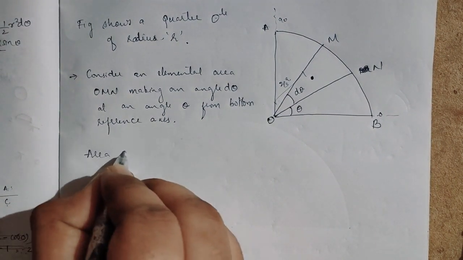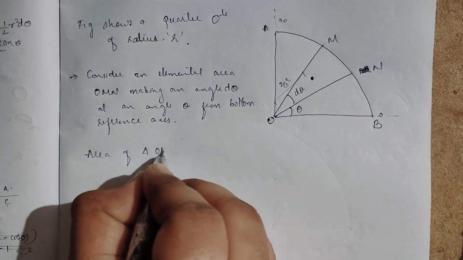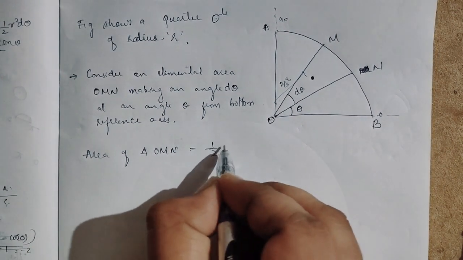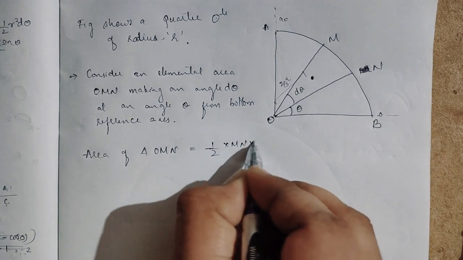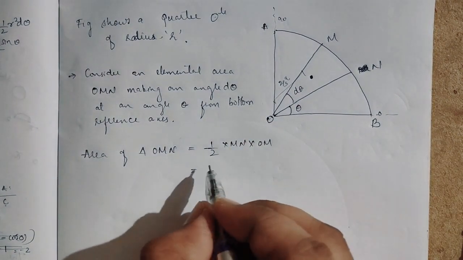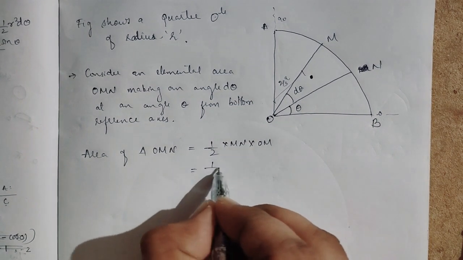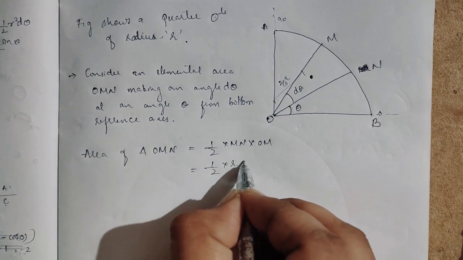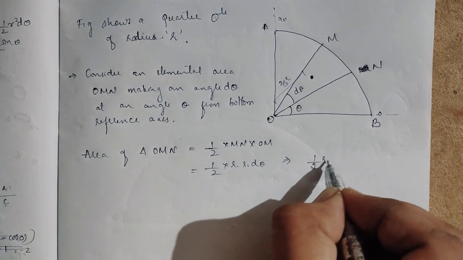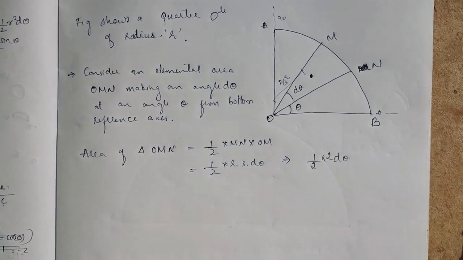We found the area of triangle OMN. What we got is half into MN into OM. For the procedure you can see the semicircle again: half into r into r d theta, that is half into r square into d theta.